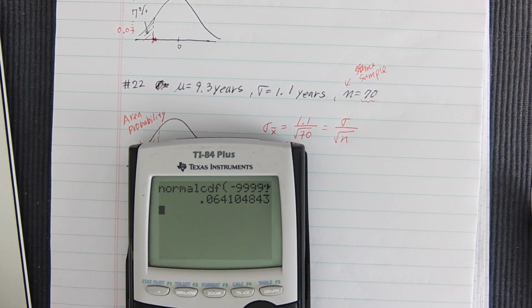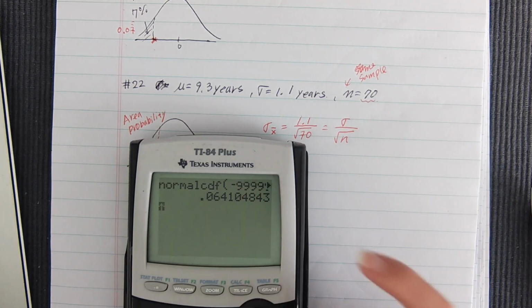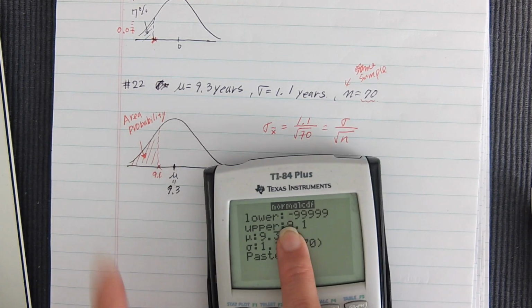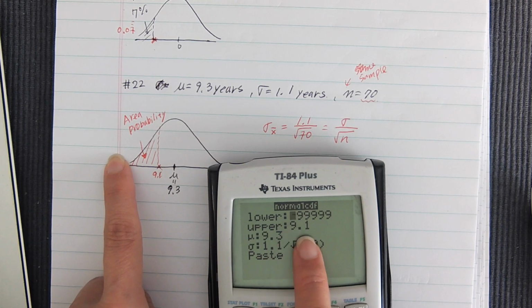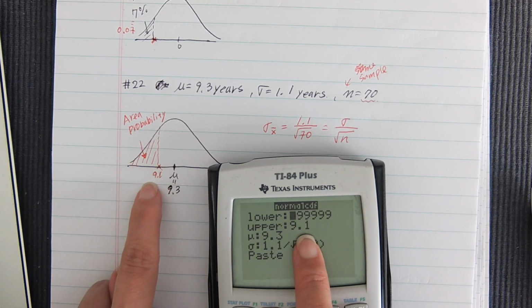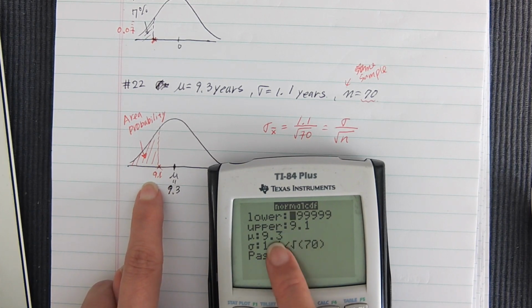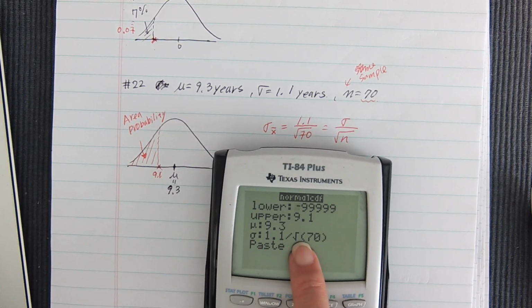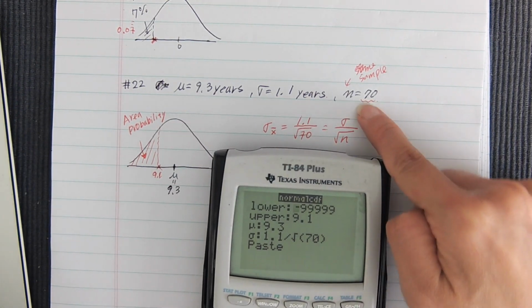Alright, everybody okay here? Can you show the normal CDF one more time, the whole setup? Okay, let me go back. Here you type in negative 9999999, then up to 9.1. The mean never changes, it's 9.3 no matter what. Just the standard deviation changes because you have a sample.